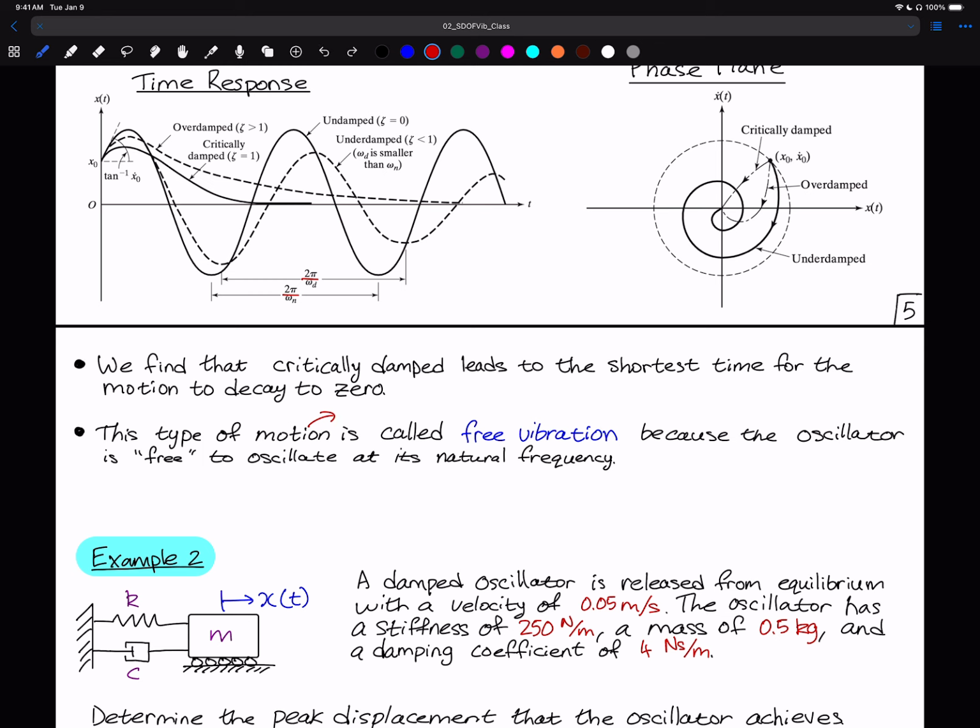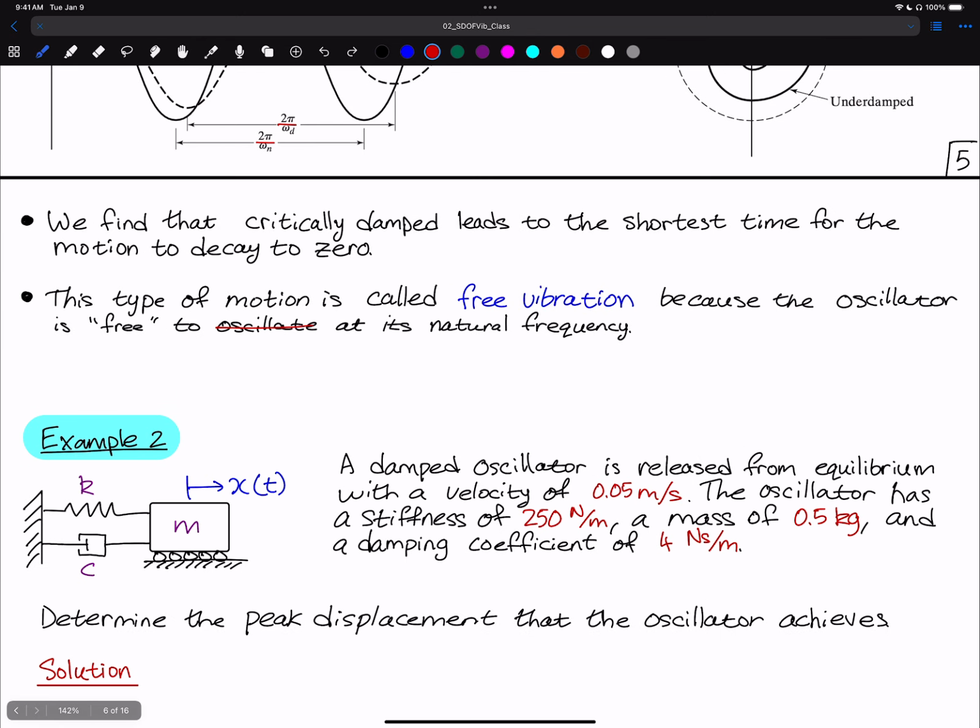I'll take it back. This type of motion in general is called free vibration, and that's because the oscillator is free to move. It says here oscillate, this should say move, at its natural frequency or at its damped natural frequency. If it's oscillating, then it's definitely oscillating at that natural frequency or that damped natural frequency.